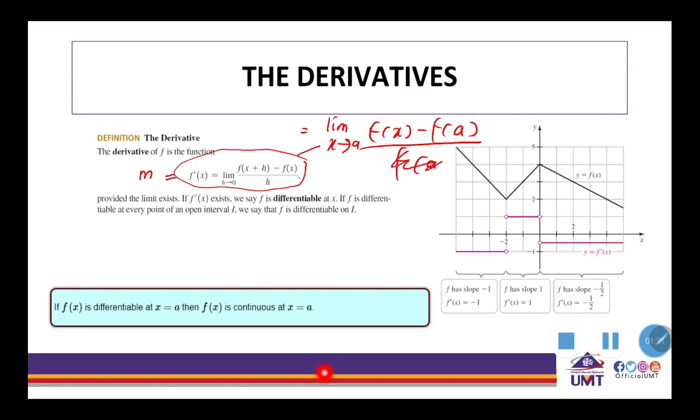Both of these equations are the derivative of the function f(x), provided the limit exists and it is differentiable at x.